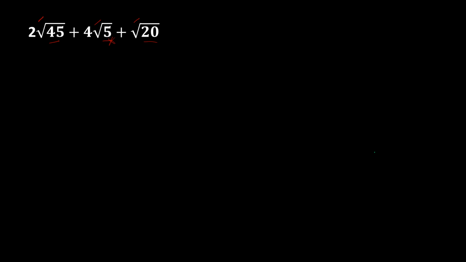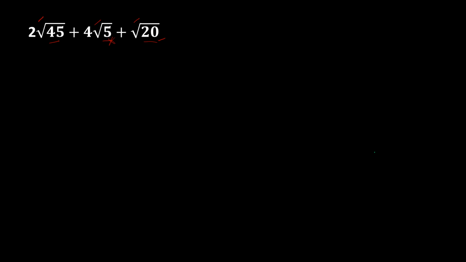So, pwede natin gamitin si 5 as pattern sa paghahanap ng factors ni 45 and 20. Kapag nangyari na yung 45 divided by 5 ay perfect square number at yung 20 divided by 5 ay perfect square number din, mafo-foresee natin na ang matitirang radicand natin sa dulo ay 5. Pag nangyari yon, bongga. So, tuloy natin.